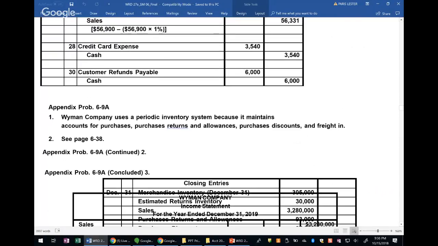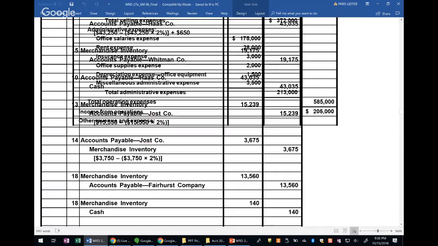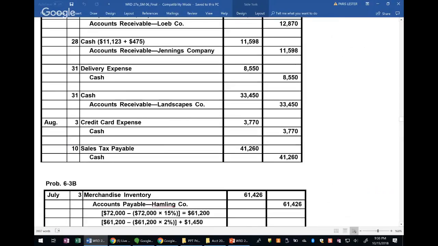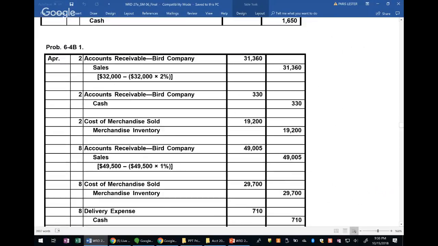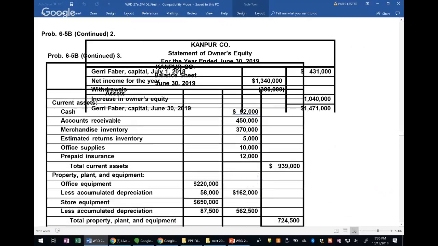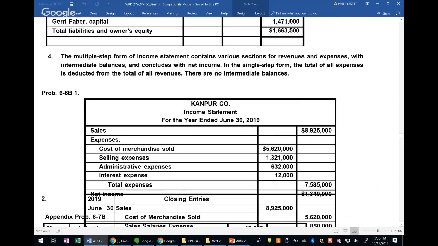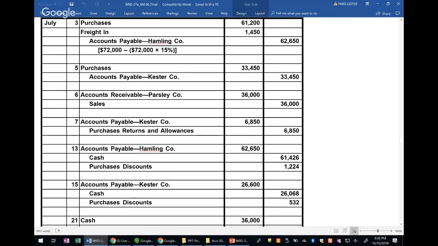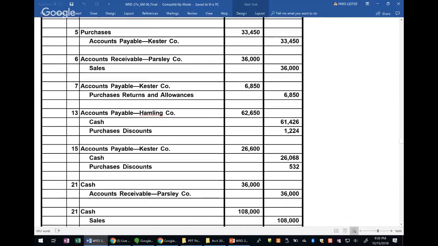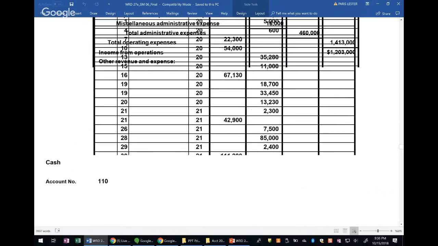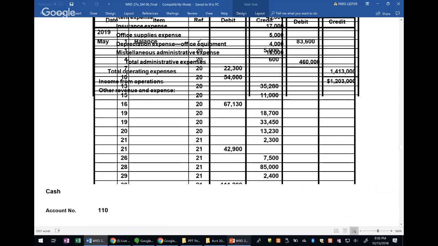Hope I have something on that. I've got the problems, but I don't know about the exercise.